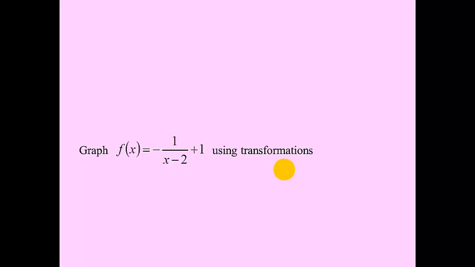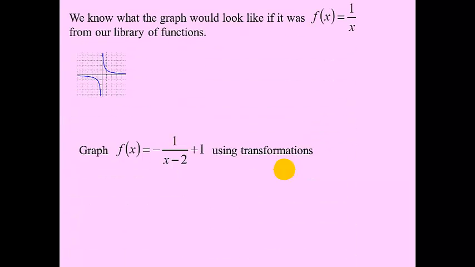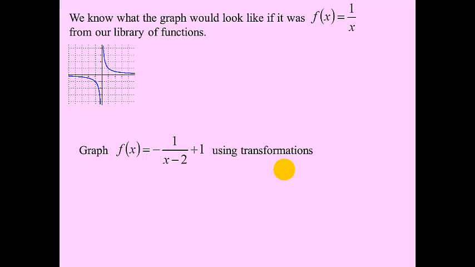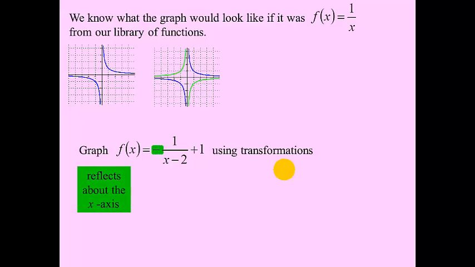If we wanted to graph f of x equals negative 1 over x minus 2, plus 1, using transformations, we look at this and say, this is just my reciprocal function with some transformations applied. We know what 1 over x looks like just out of our head from our library of functions. Then the negative sign would reflect that about the x-axis, so now the green graph.